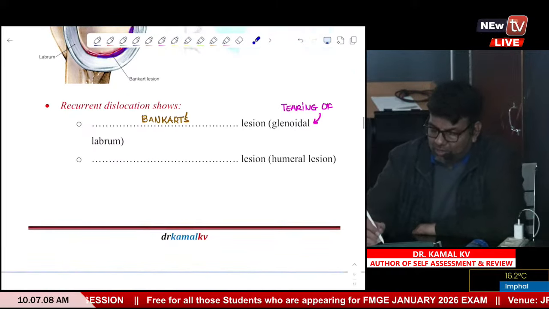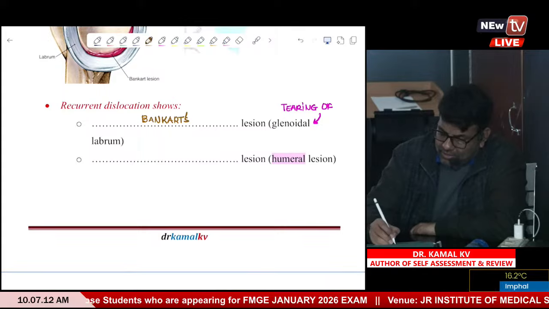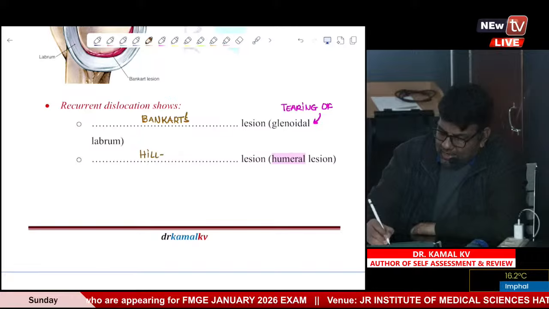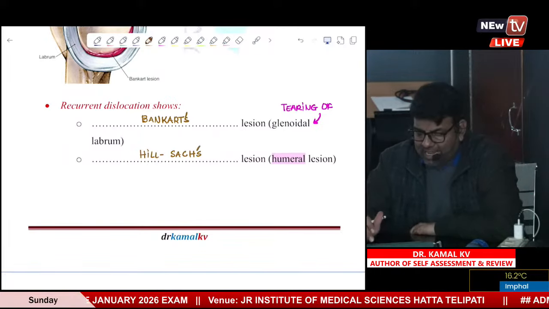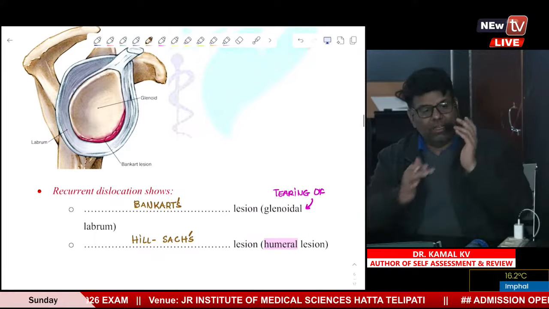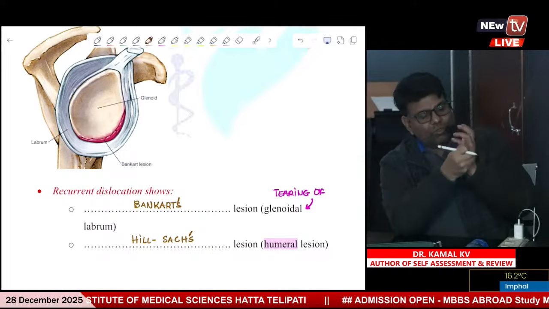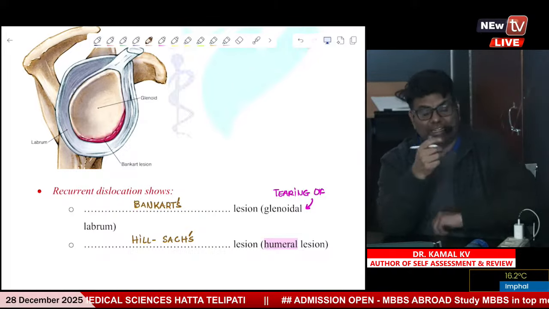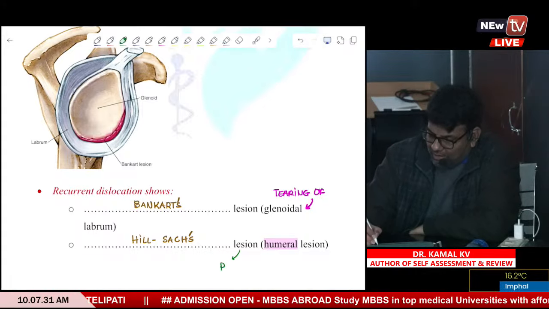And what is the lesion on humeral head? Very good. So this is Hill-Sachs lesion, because what happens? Glenoid is hard bone, but head of humerus is cancellous. So every time it strikes, there is indentation fracture, especially on the posterolateral part.